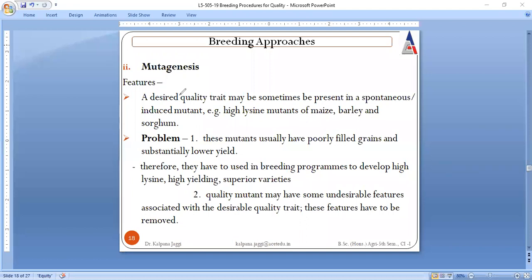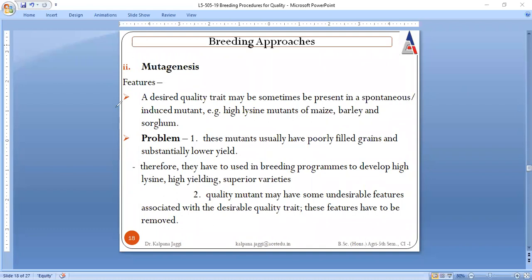Then what to do? If we are to have the quality trait with us, what other parameter do we need to look after? In that case, the third breeding approach is mutagenesis, where a desired quality trait can be obtained as a result of spontaneous or induced mutations.